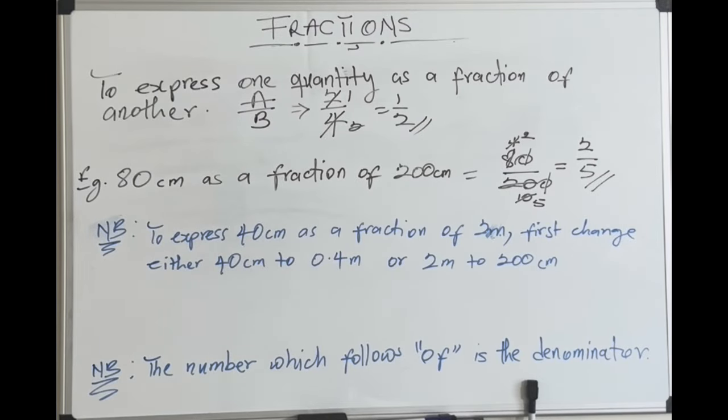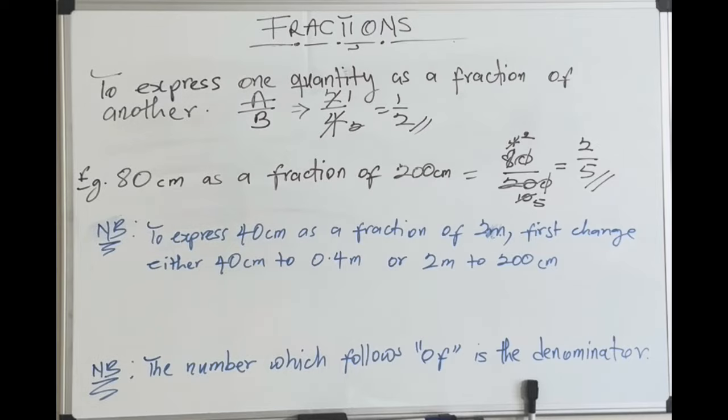Also know that to express 40 centimeters as a fraction of 2 meters, first change either 40 centimeters to meters, which will be 0.4, or you change 2 meters to 200 centimeters.